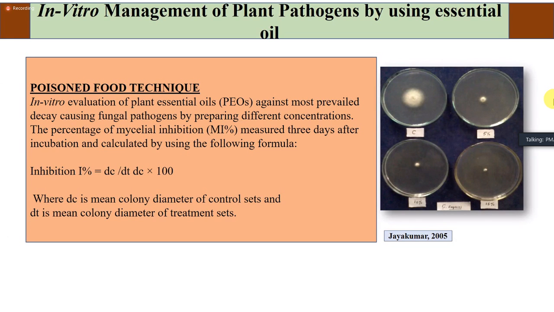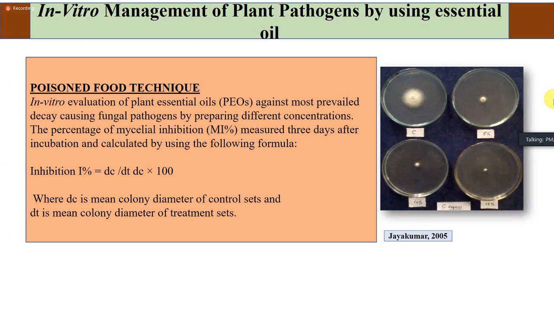In poison food techniques we also use 2 methods. One is the swab method, because it's a volatile compound, so we use a Petri plate, and in the media we pour our essential oil, and then we cover it.